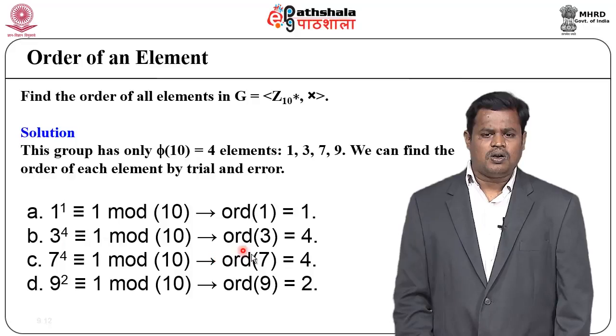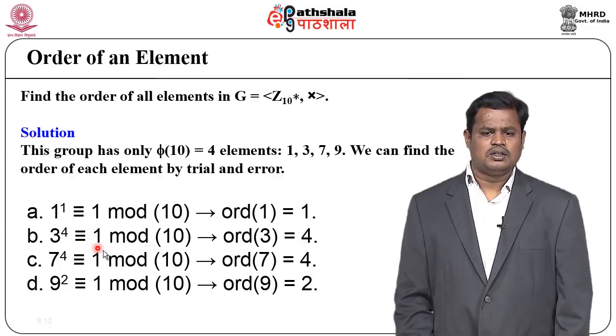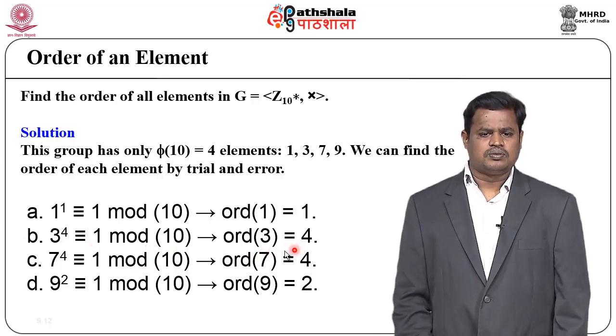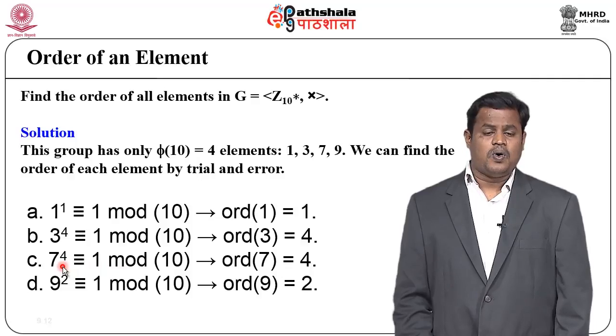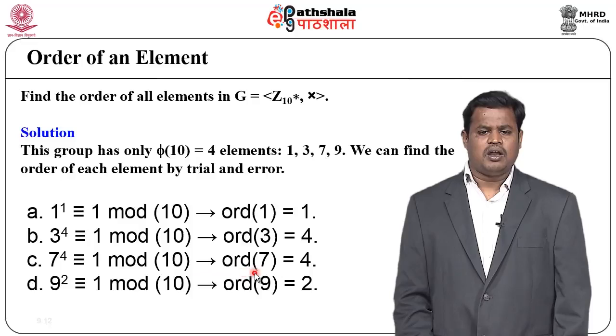The order of 3 is 4, because 3 power 4 mod 10 is equal to 1, so the order of 3 is equal to 4. Similarly, 7 power 4 is congruent to 1 mod 10, so the order of 7 is 4.